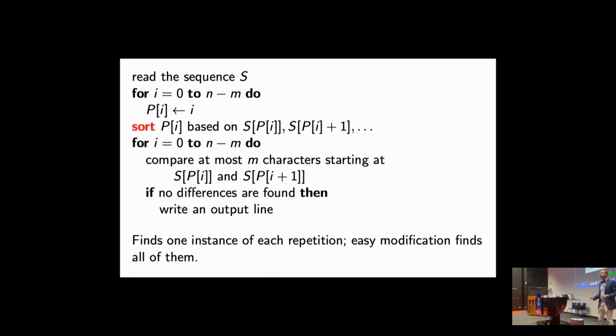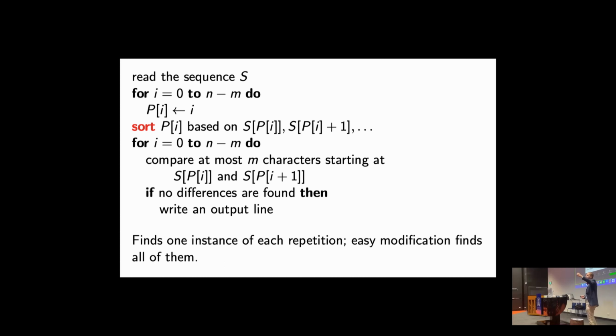Once we've done that, our process for finding repeats is very simple. We compare at most m characters, just the same as before, but we do this only on either side of every string. So you'll see that we start at the top of our structure and we compare the first suffix with the next suffix. Is there a match? If yes, print it out, otherwise keep going.